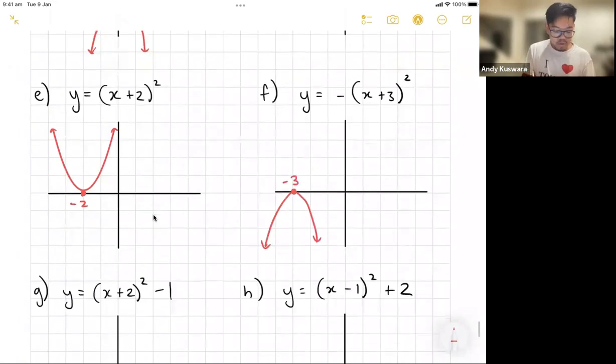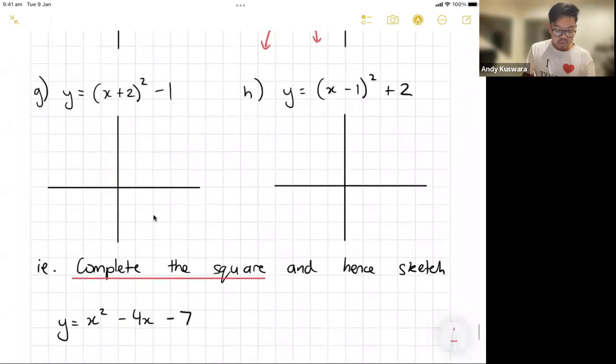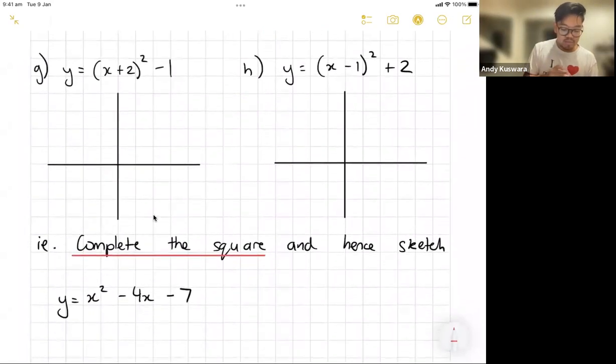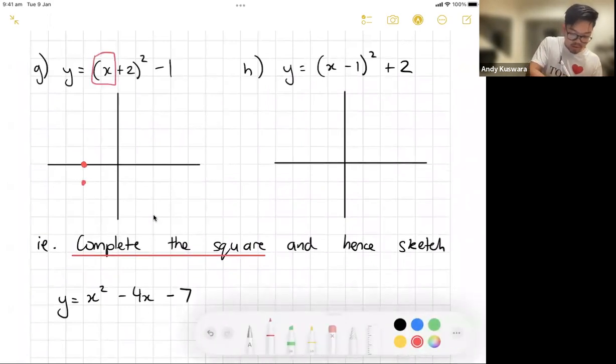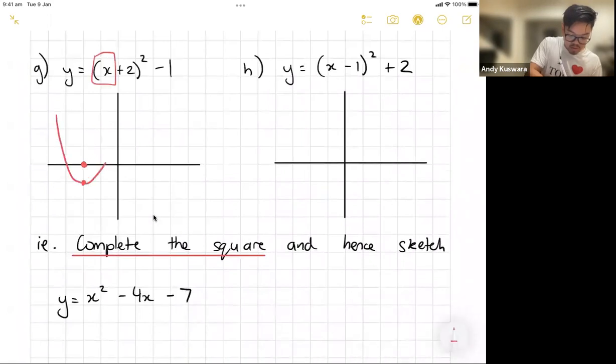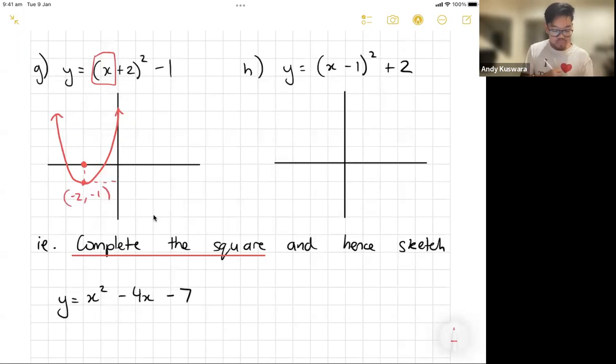For these last two here, what if I have (x plus 2) squared and then a minus 1? First of all, it's going to move it 2 to the left, and that minus 1 is going to move it down 1. Because it is a positive x squared, I know that it's still going to be this shape here, and I can see that my vertex is (minus 2, minus 1).